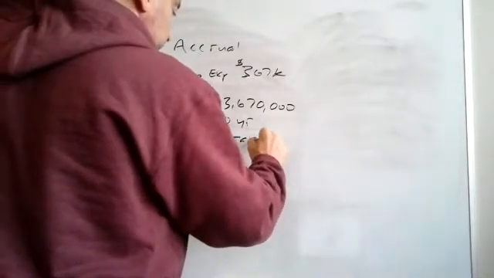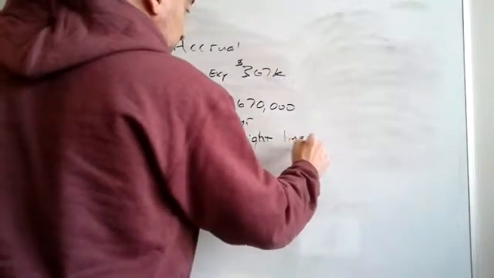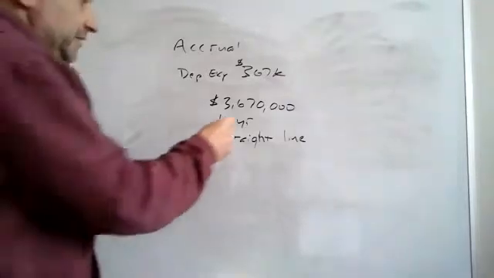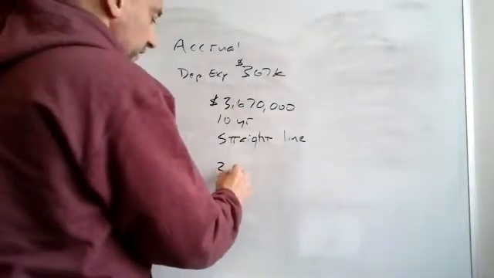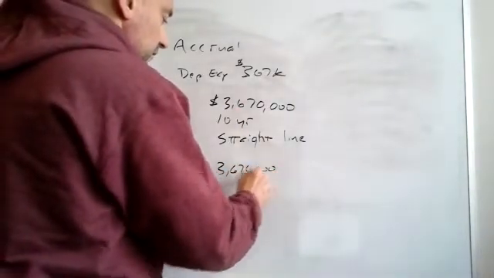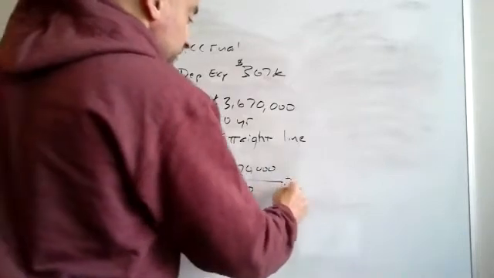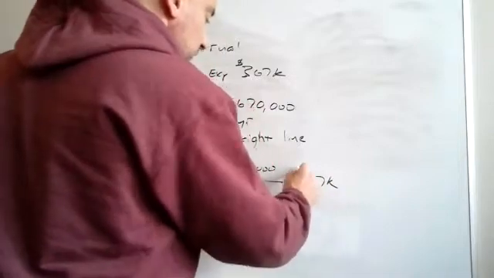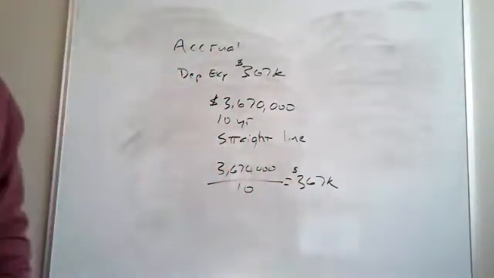I'm just trying to make this easy to understand. Depreciation basically means we divide 3,670 by 10 to give us an annual depreciation amount of $367,000.